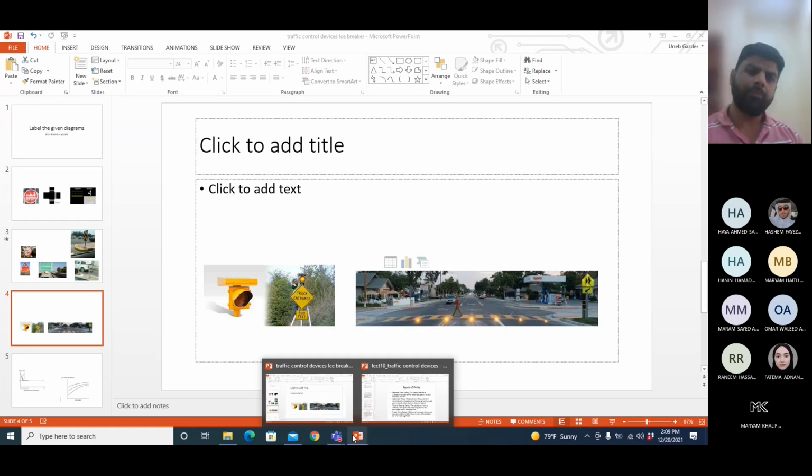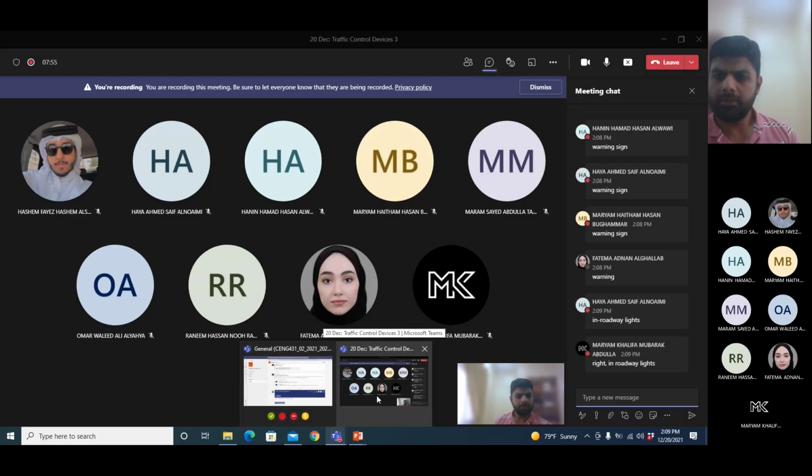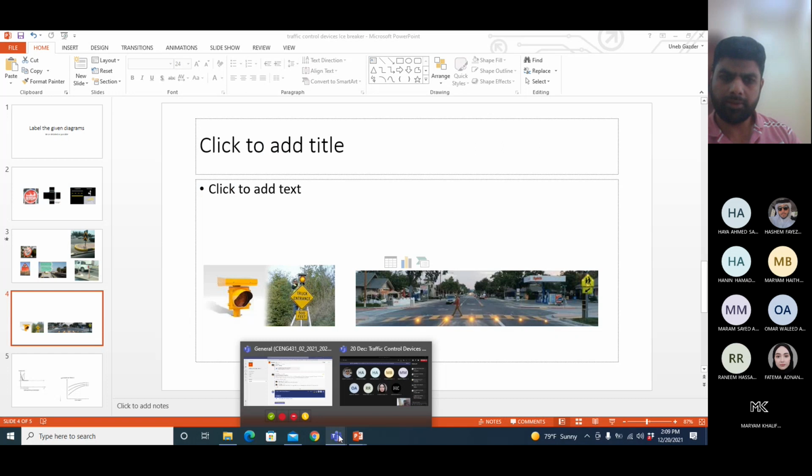Okay, and the one at the left hand side is basically showing one light. So these are two different pictures. In both the pictures, the main thing is there is only one light. What do we call it? Okay. What about the left hand side figure? Left hand side picture.